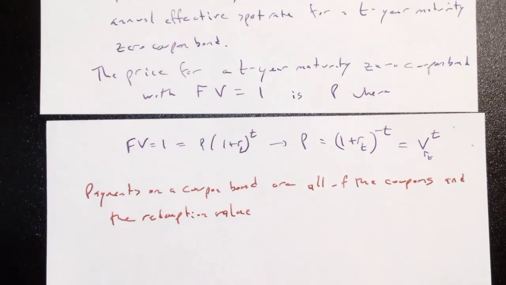A normal term structure has increasing spot rates for payments that happen further in the future.